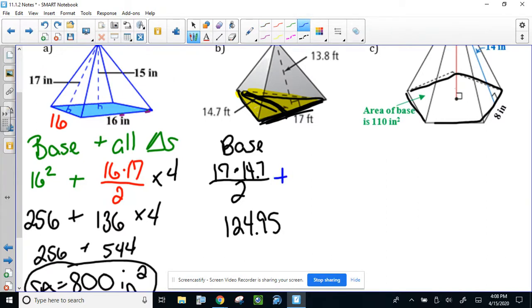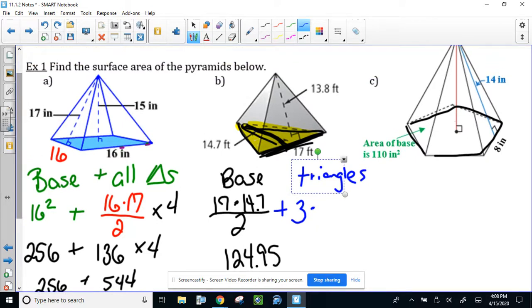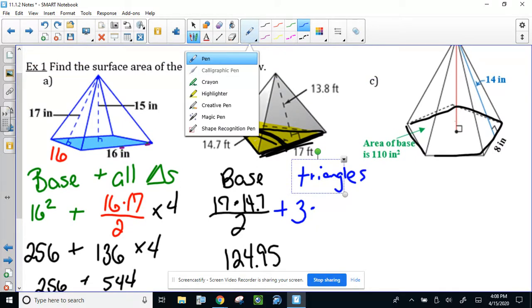Plus, we need to do all of the triangles. We know there are 3 triangles around this base, and we're assuming, because it didn't say, that they are equal triangles.